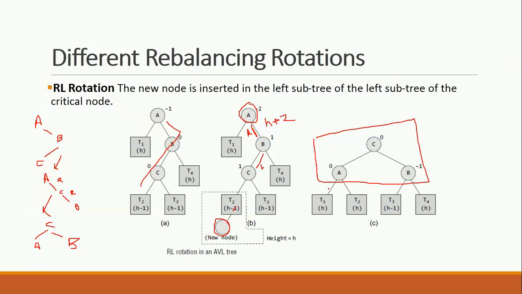After this, the subtrees are arranged in the same way. For B, T4 is right, so fine. For A, T1 is fine. T2 is the left of C and right of A, so it is fine. What about T3? It is the right of C and left of B, so it is okay. This is how you arrange the subtrees, and that is what we call an RL rotation.